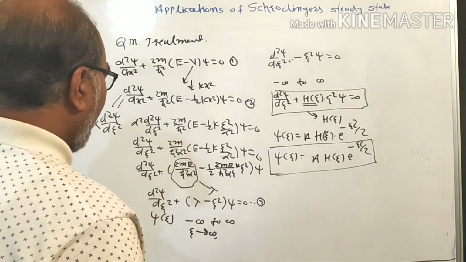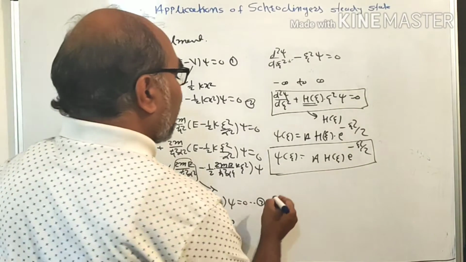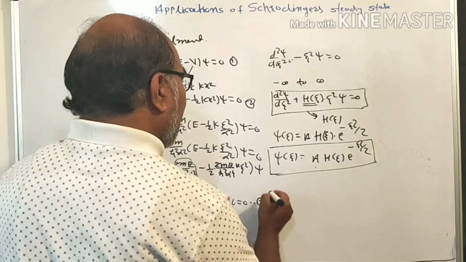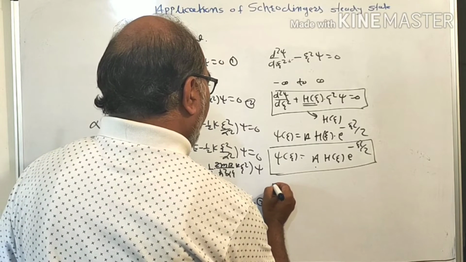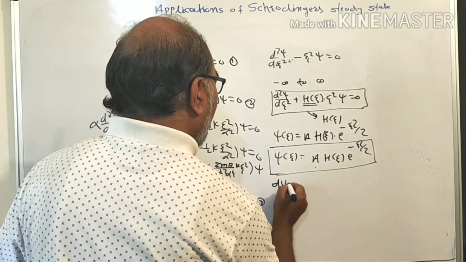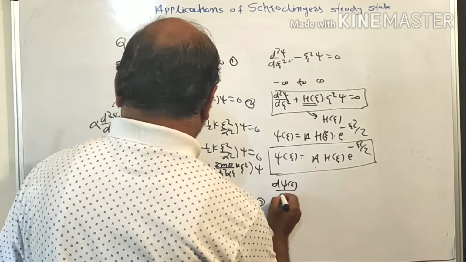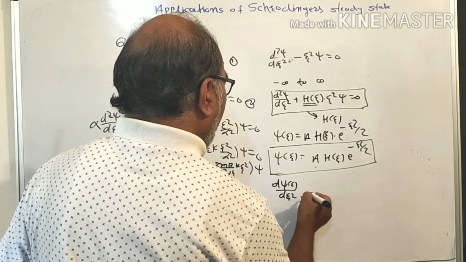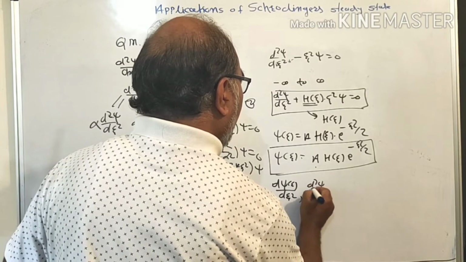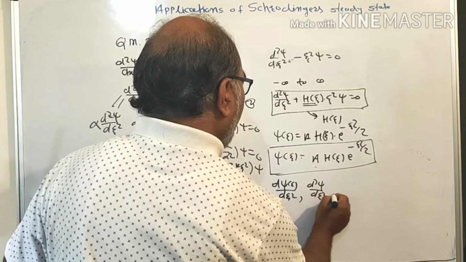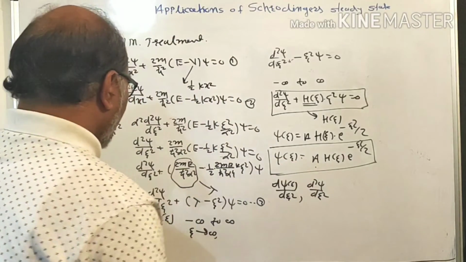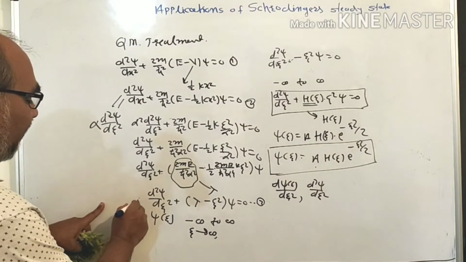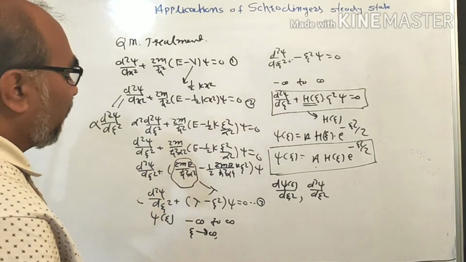Now find the value of d²ψ/dζ² from this equation, and put this value in equation 3.